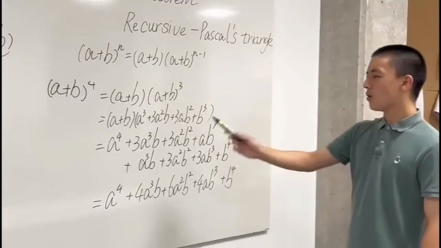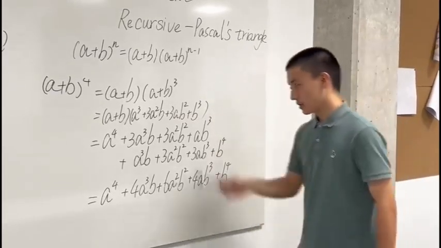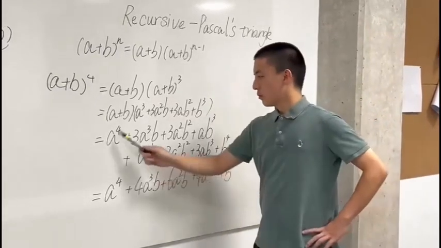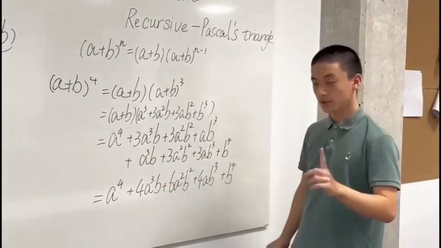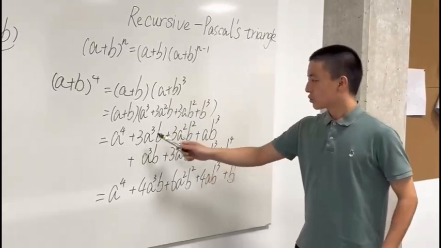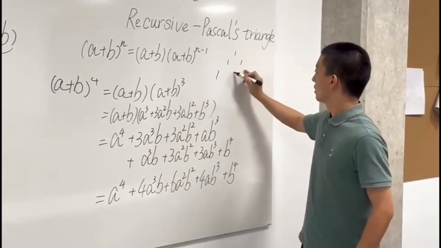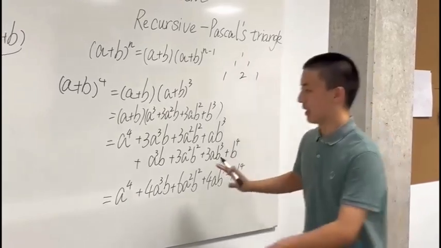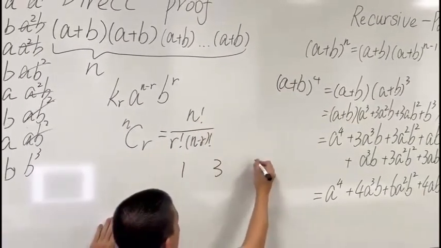So how does this relate to Pascal's triangle? Because look, we know that the coefficient of the first term and last term is always 1, and 3 plus 1 actually is the same as, okay, I will move it here. So 1, 3, 3, 1.